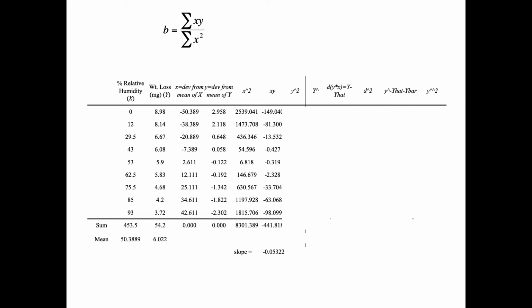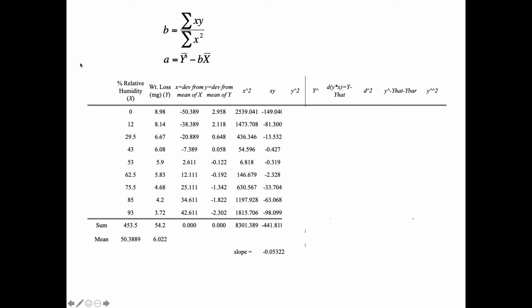So we've calculated what the slope of the line is, but now we need to know where to anchor that line on the y-intercept. To do that, we just plug in the mean value of the weight loss, the mean value of y, the mean value of relative humidity, and the slope value that we just calculated. What this basically tells us is what the y-intercept is in this case.